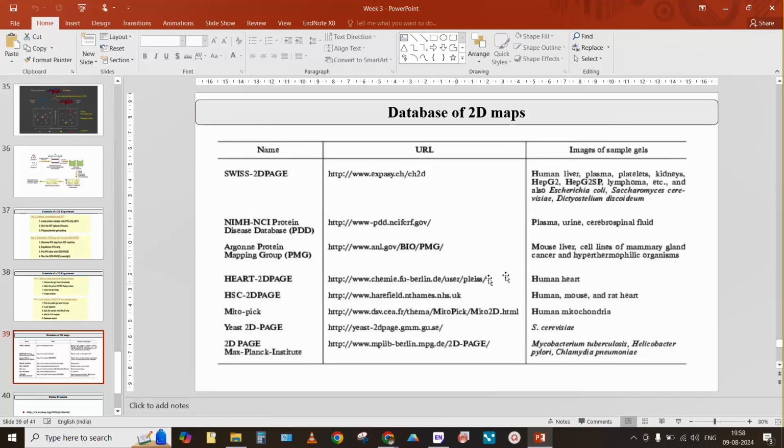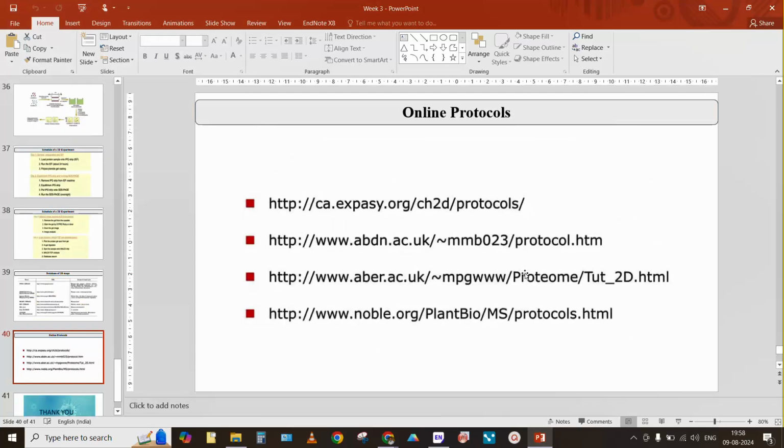These are the links for databases of 2D maps that were done earlier in the history of research. There are also some online protocols which you can read for 2D electrophoresis.